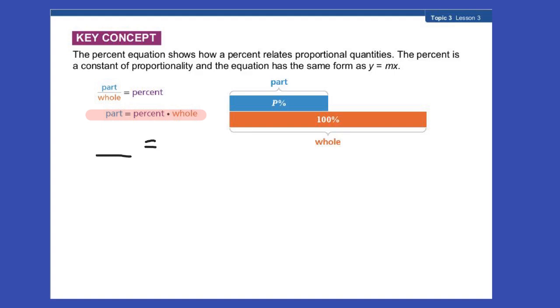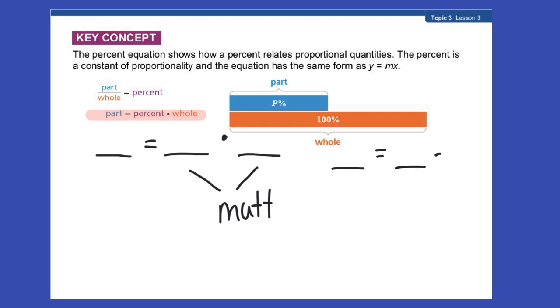Put the part, put the percent, put the whole. Now if both numbers are on the same side, you're just going to multiply. But if they are divided, one number's on the left and one number's on the right, you're going to divide to find your answer.